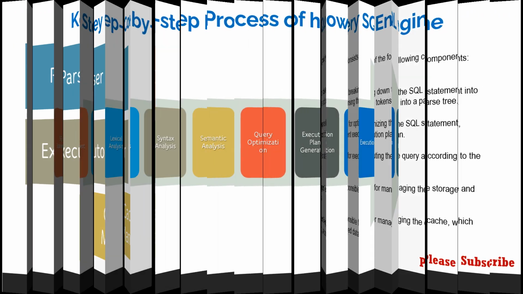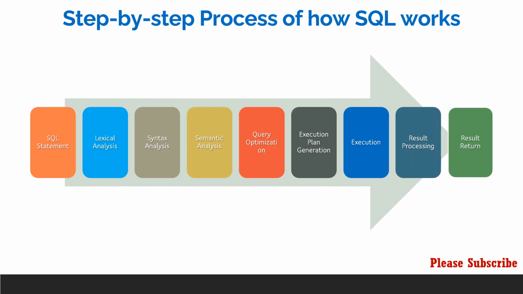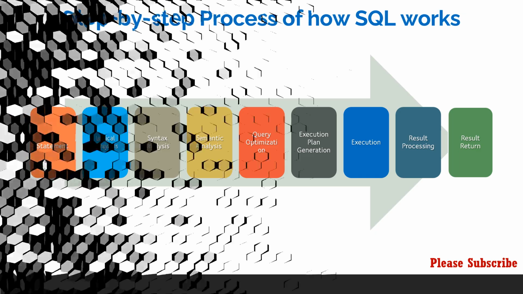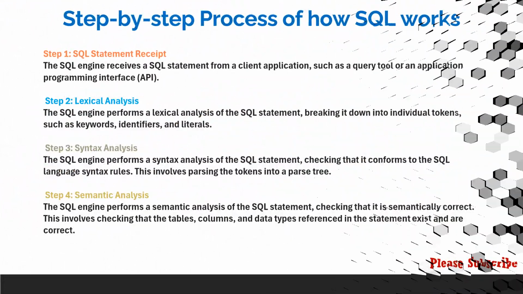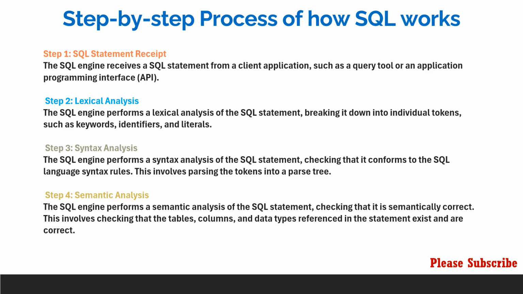Now let's know the step-by-step process of how an SQL engine works. Step 1, SQL statement received. Here the SQL engine receives an SQL statement from a client application, such as a query tool or an application programming interface or API.